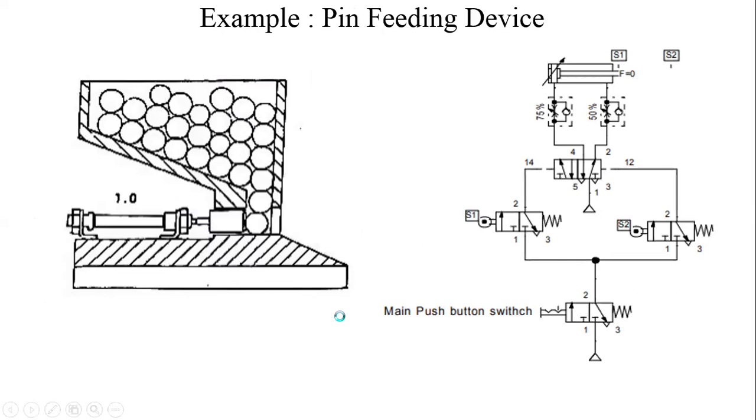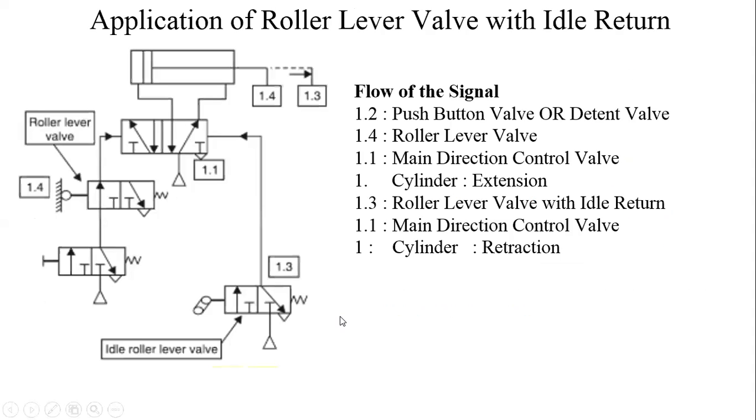We will go to the roller lever valve with idle return. Now the only change is that the idle roller lever valve is used at the end of the extension, so that the return will be due to spring action. It is not activated here. So this will be activated just before. What is the difference?